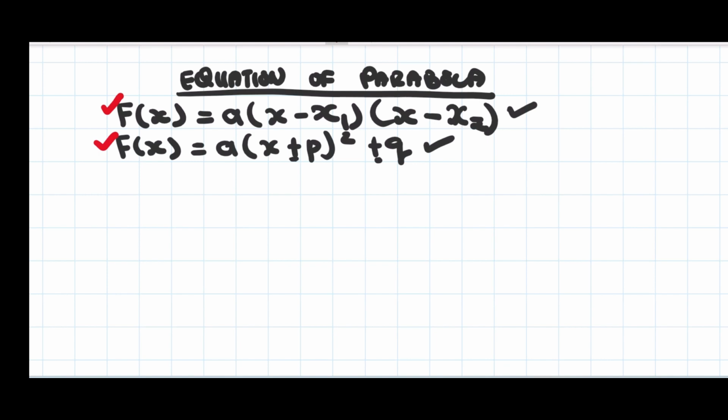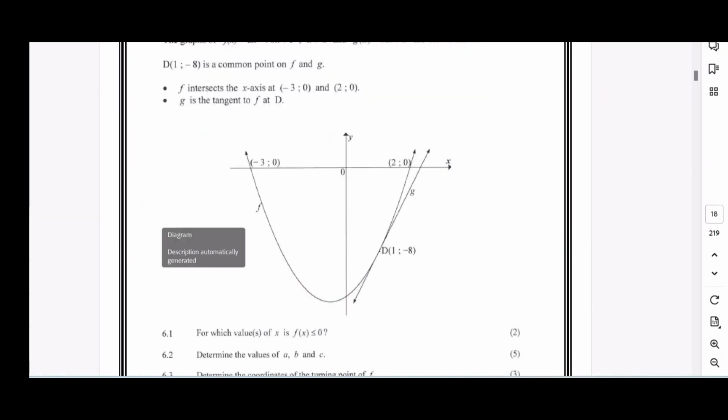But in this tutorial, we are going to focus on the first one, how to find the equation of the parabola when we are given the x-intercepts plus a random point. I would like us to look at a previous question paper to see how the questions are going to be asked, and we are then going to find the equation of the parabola. Let's get to it.